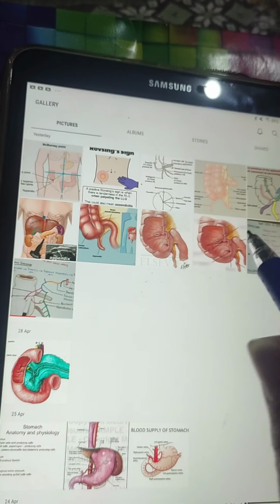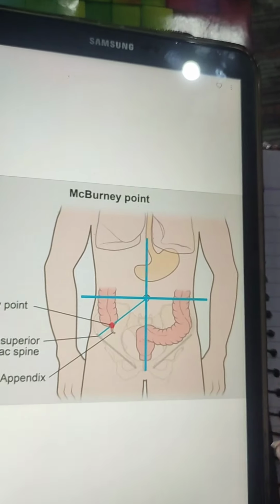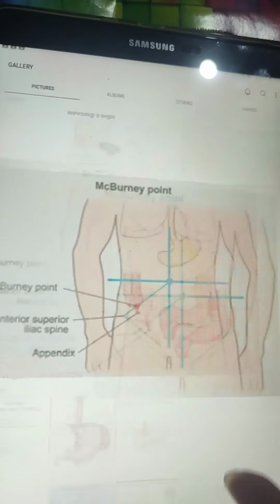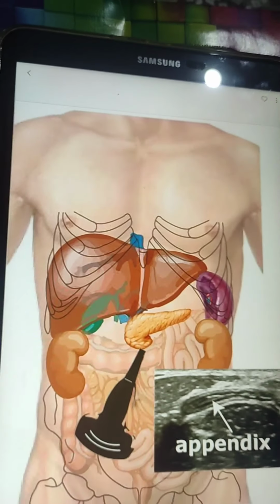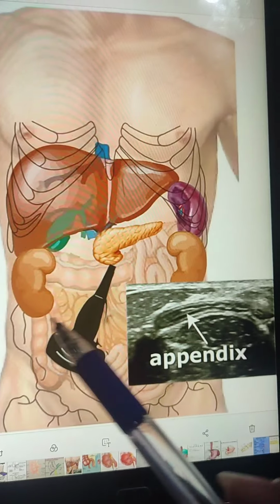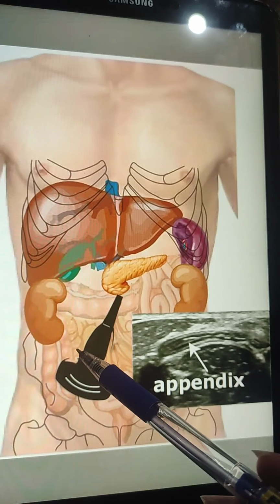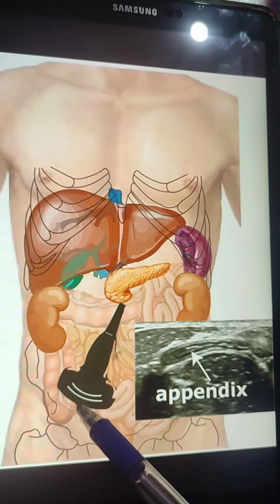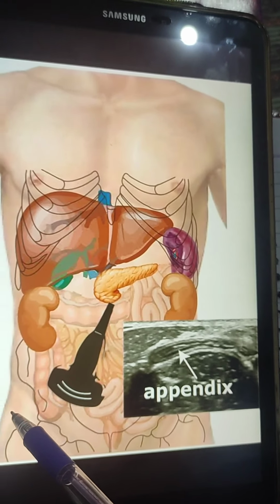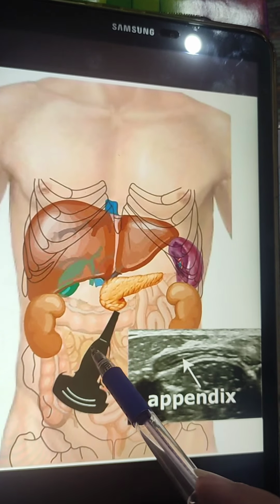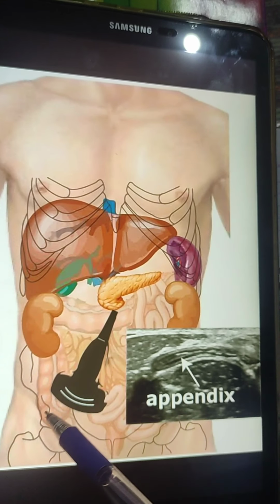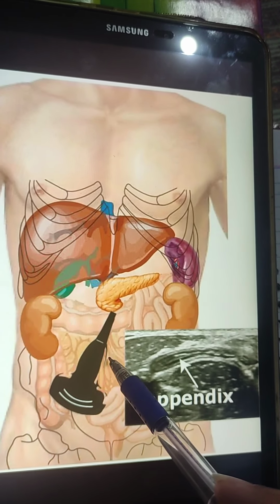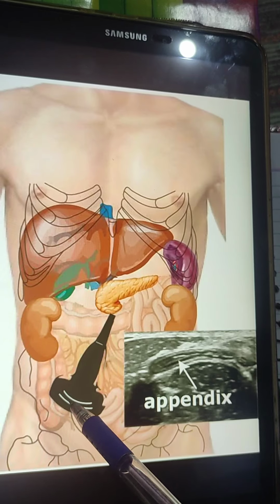As a doctor, if you have to see appendix on ultrasound, where are you going to put your probe? You can see here, this is the ultrasound probe. You have to locate the right iliac fossa. As I told you, this is anterior superior iliac spine and this is umbilicus. So the 1/3 part between them is this one.